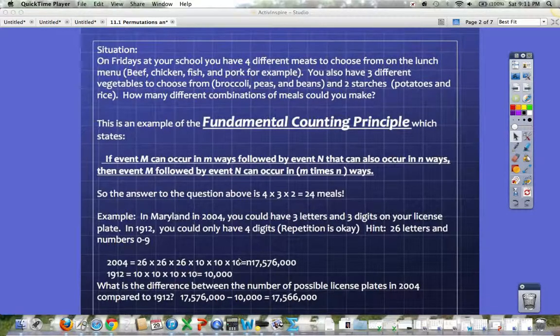Let's see. In 1912, you can only have 4 digits. Did I only leave? Oh, okay. 10 times 10 times 10 for the 2004. When you multiply this, 26, 26, 26, 10, 10, and 10, you get this number. It should not have an N there.